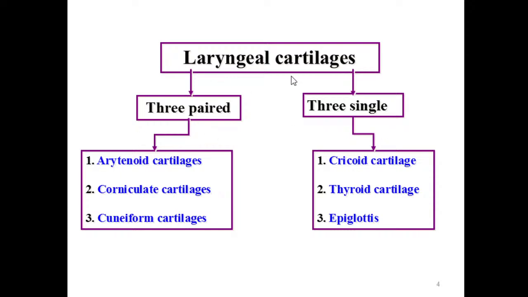There are 3 paired and 3 single cartilages. The paired are arytenoid, corniculate, and cuneiform cartilages. And the 3 single are cricoid, thyroid, and epiglottis. From the clinical position, these cartilages are the most important, which we will discuss during this lecture.